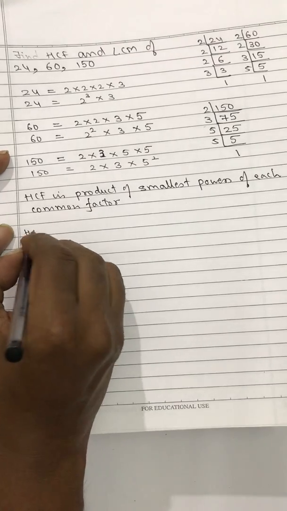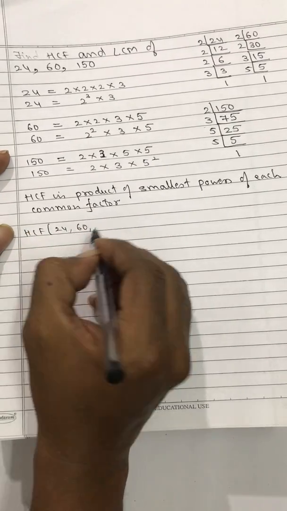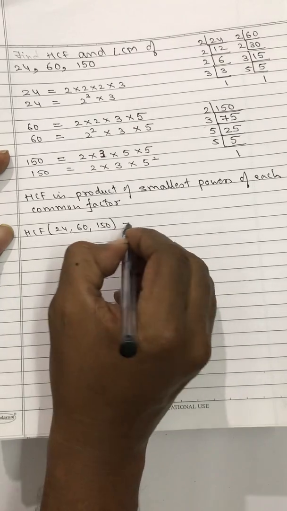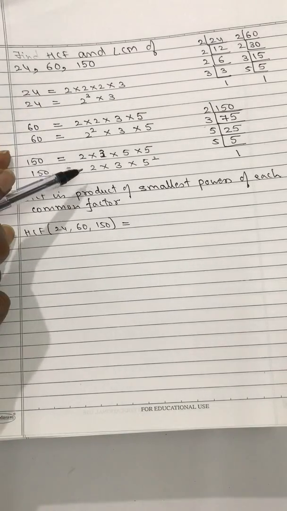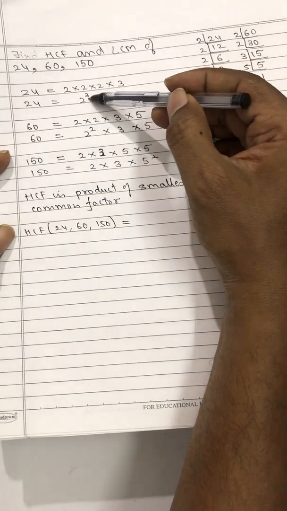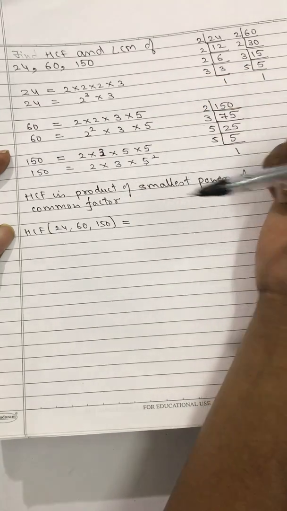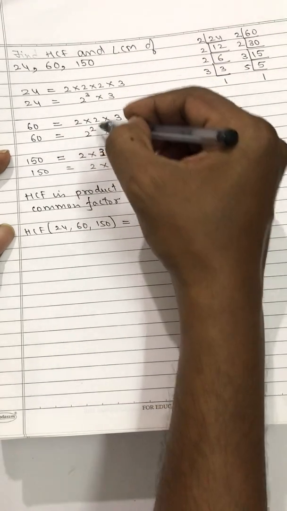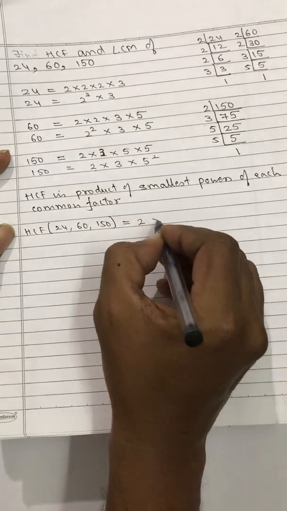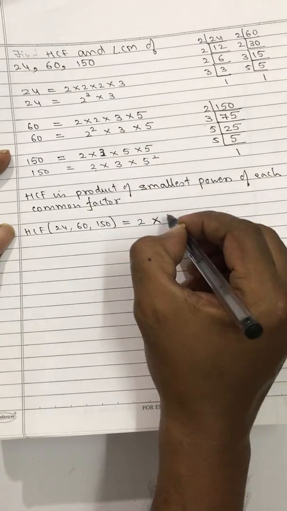So here the HCF of 24, 60, 150 will be equal to what? Common factors are what now? 2 is a common factor over here and 3 also is a common factor. You can see 2, 2, 2, 3, 3, 3, but 5 is not a common factor. So the smallest power of 2 is 1 and the smallest power of 3 is 1.